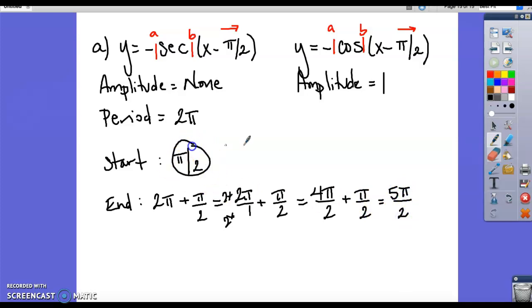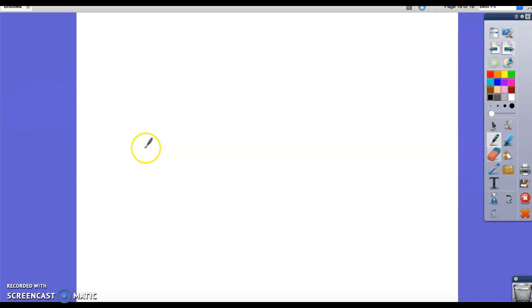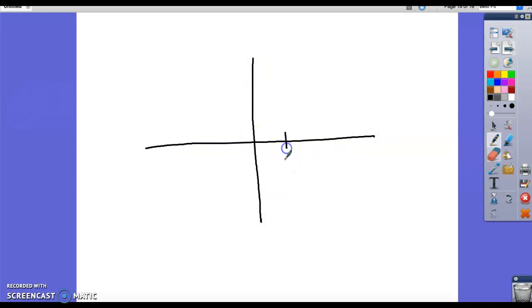So I'm starting at pi over 2 and I'm ending at 5 pi over 2. So let me lay this out first. I have this graph. I'm going to start for my first period at pi over 2, and I'm going to end at 5 pi over 2. So it's going to be my first period.